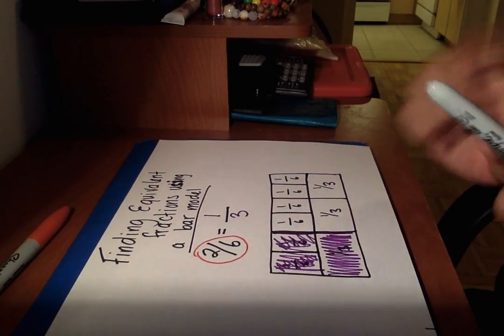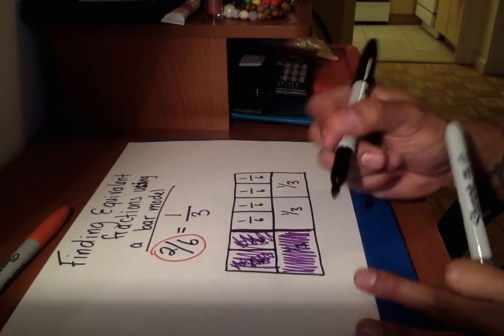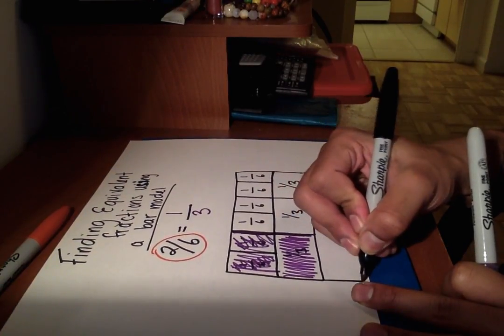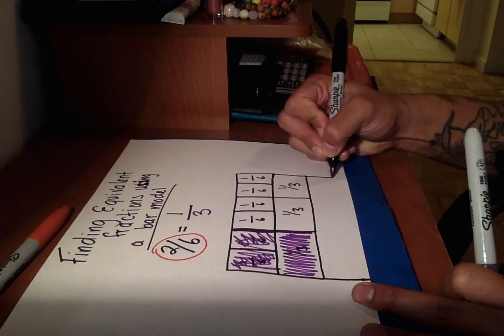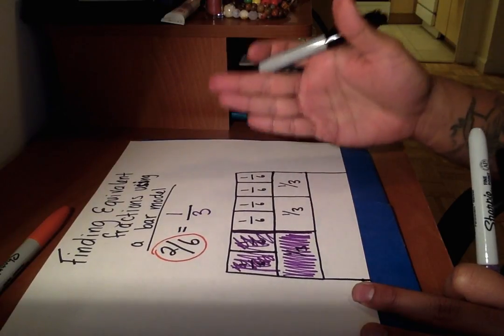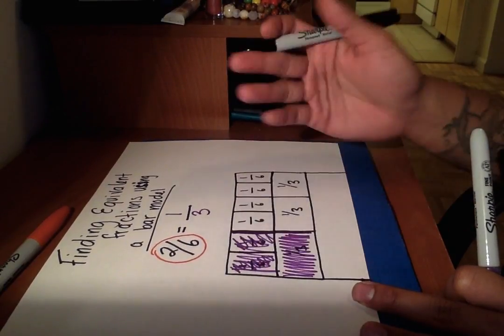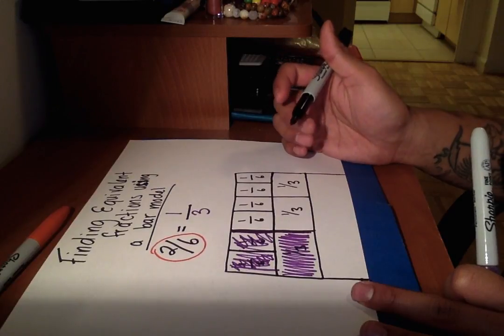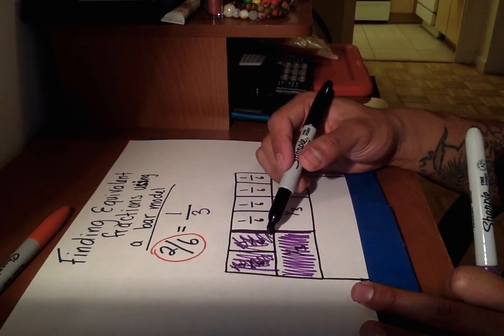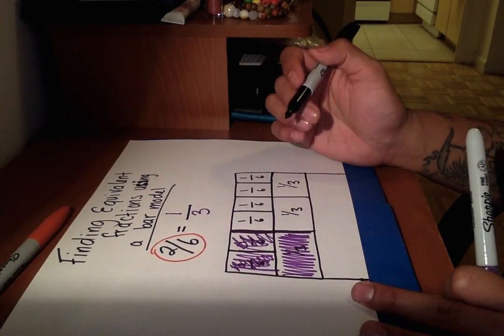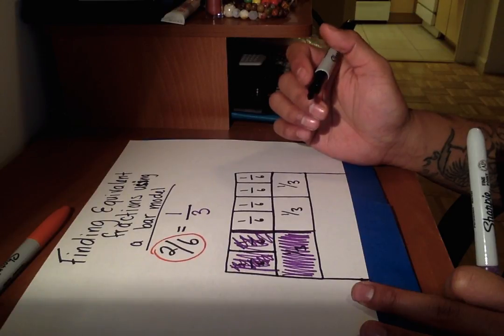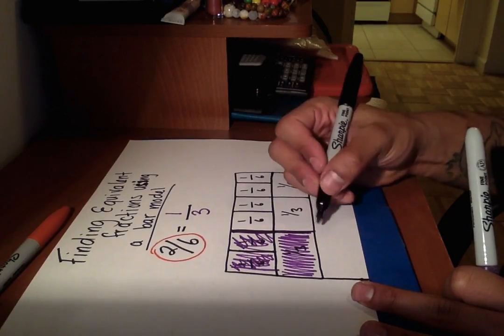And if I want to find another equivalent fraction, I can just draw a bar model right under these two. We want to make sure that they're the same size whole. I can break this one. Let's say we're doing sixths, we're doing thirds. Let's break it into ninths.